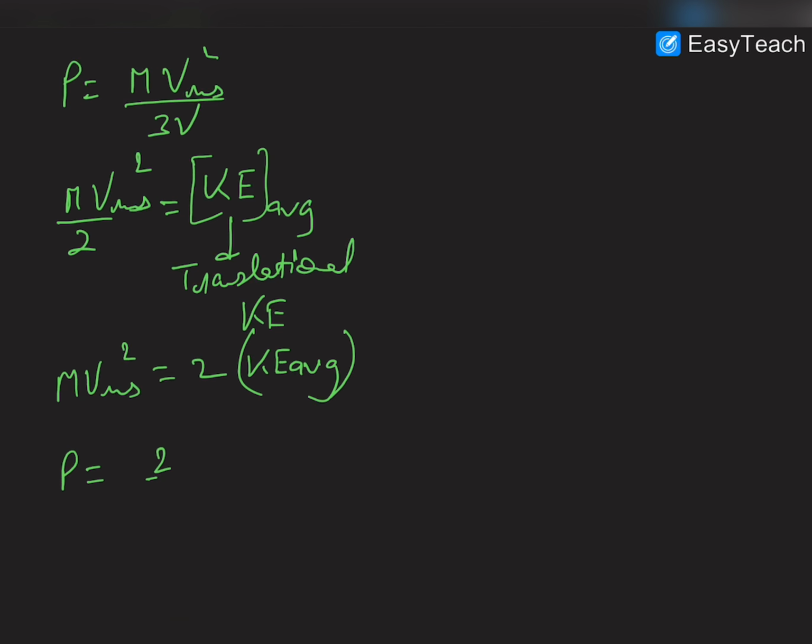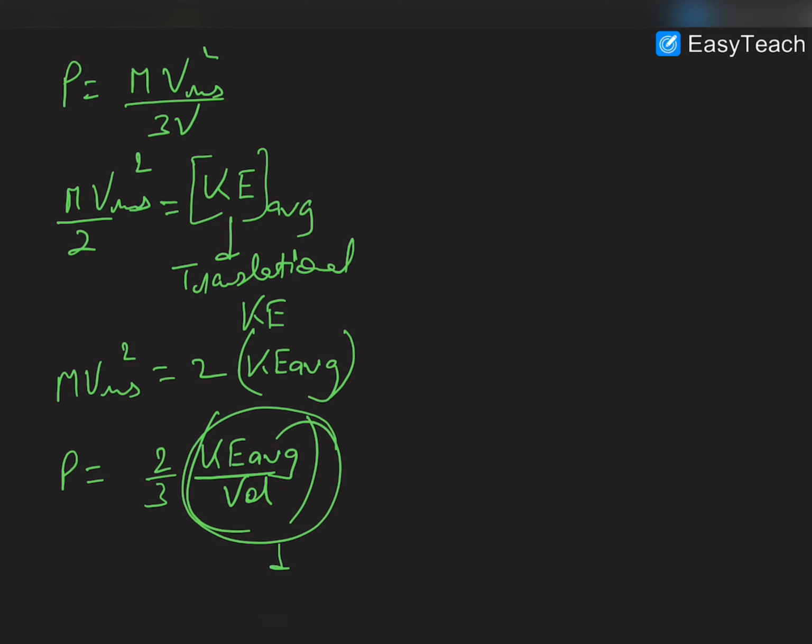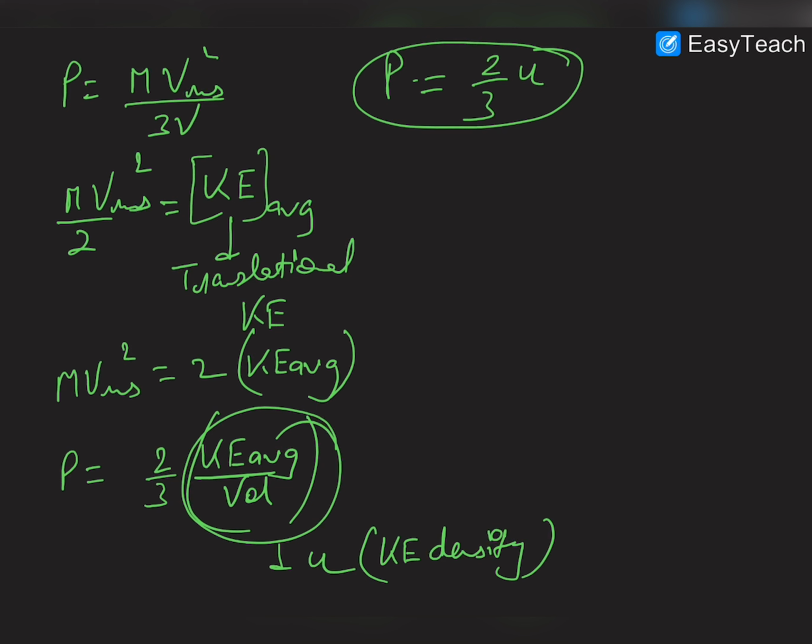So it is 2 by 3 kinetic energy average per unit volume. If we denote this with U, which is kinetic energy density, we can say that the pressure acting on the walls of the container due to the gas is 2 by 3 of the kinetic energy density.